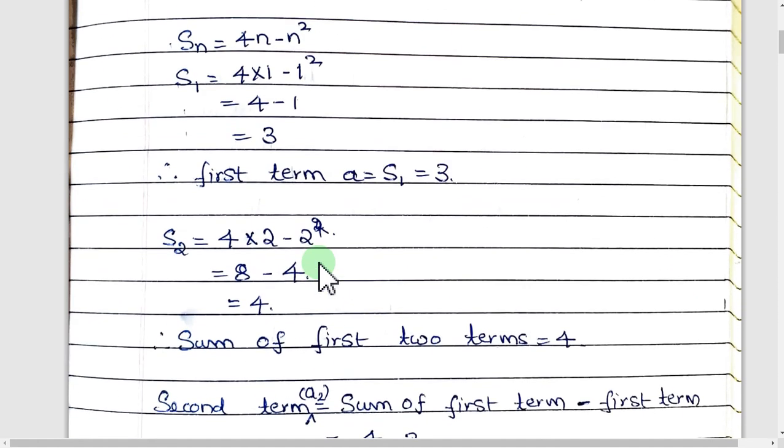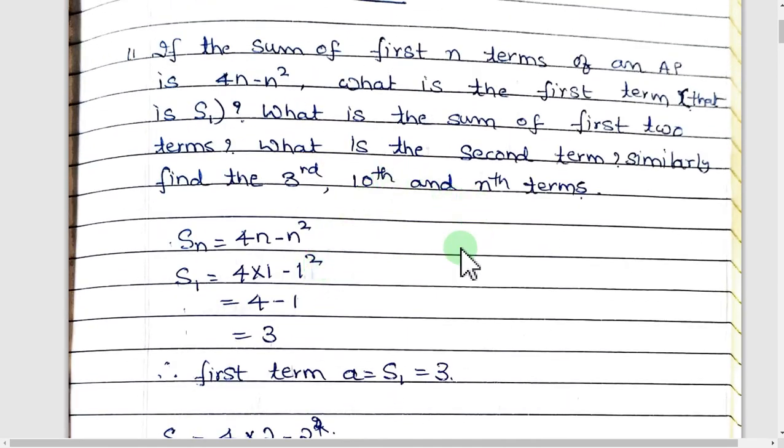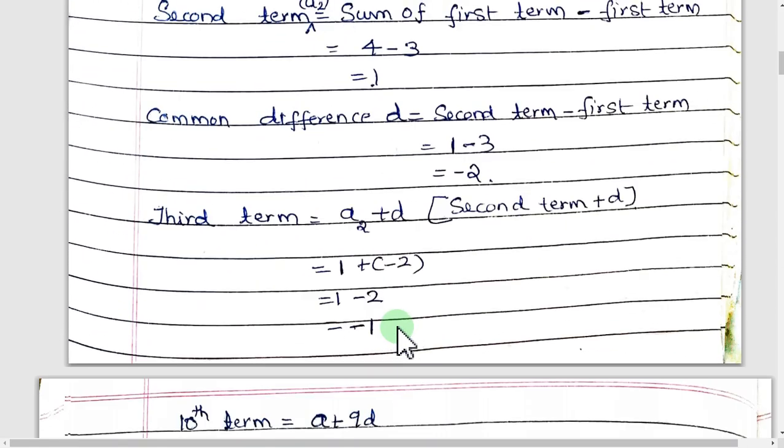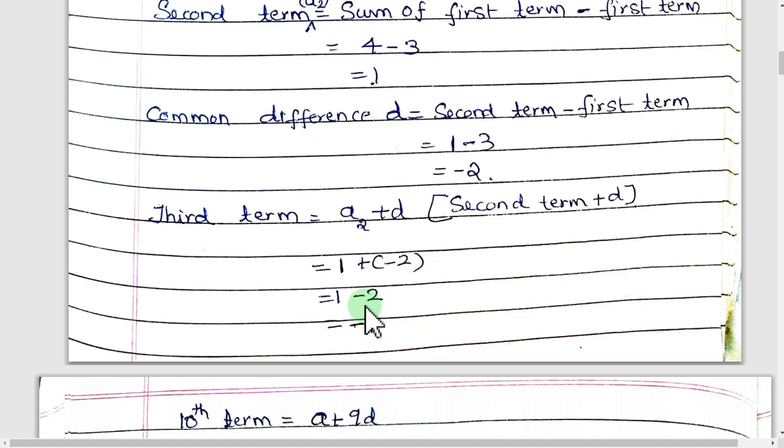So next question is, we have to find the third, 10th and nth term. The third term you can find since we know the second term. If you add the common difference to that, we will get the third term. As you know, first term plus common difference will give you the second term. Second term plus common difference will give you the third term. Third term plus common difference will give you the fourth term.